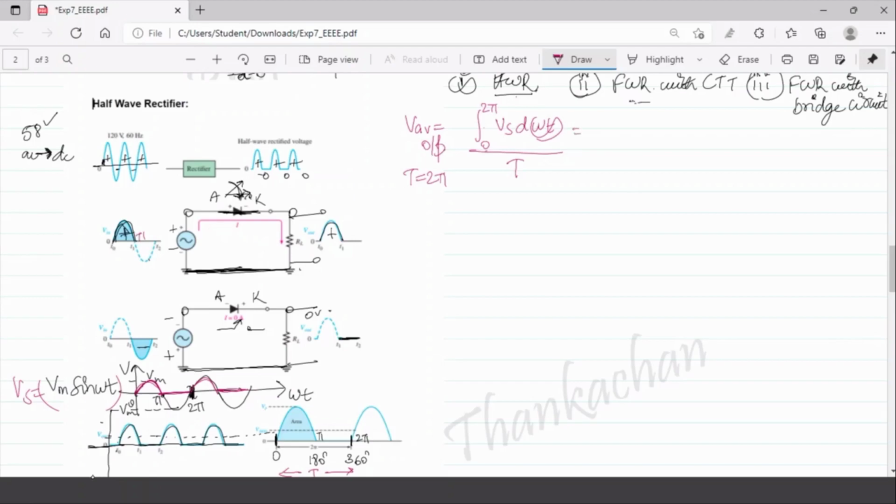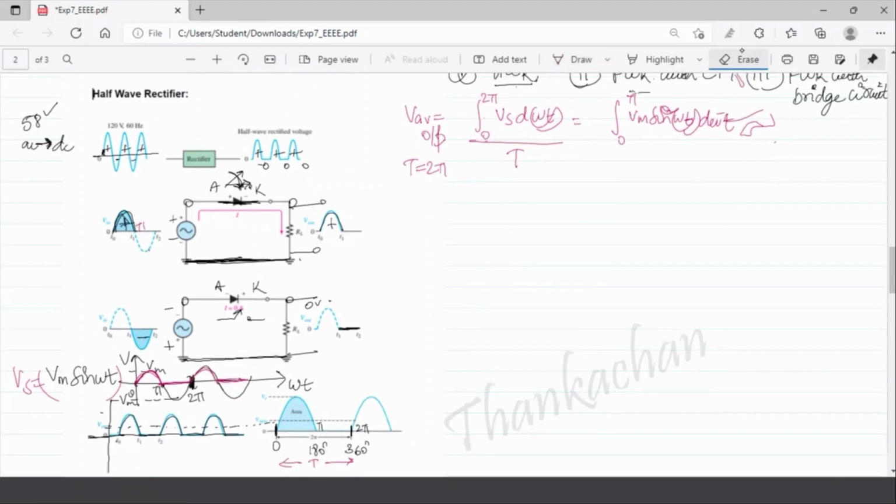If I open these limits here, from 0 to pi this is equal to Vm sin omega t d omega t, and from pi to 2 pi this will be 0.